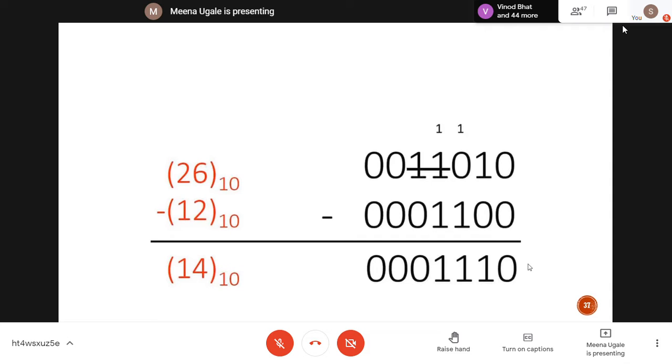That is data representation and arithmetic, Booth's algorithm, then restoring division algorithms. There we are going to use this two's complement method. Right now, just note down this example. This is your simple binary subtraction.